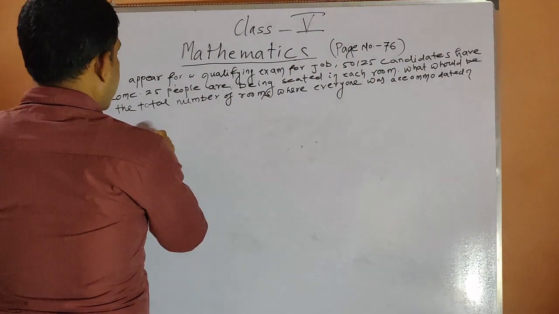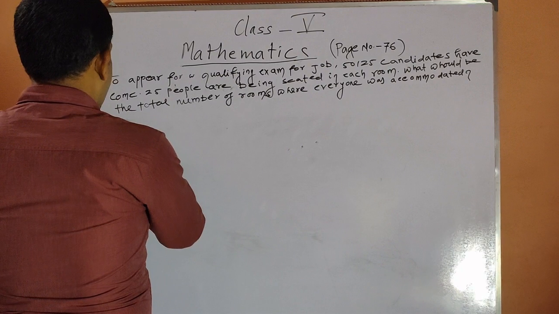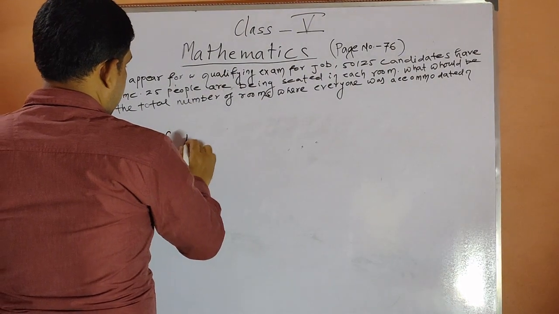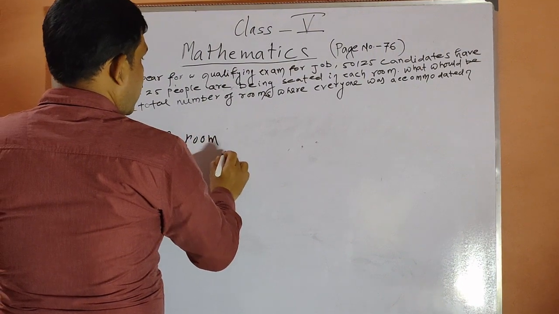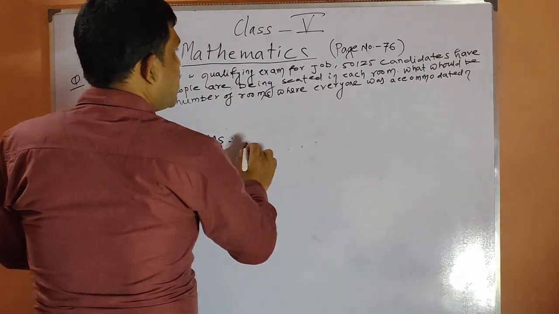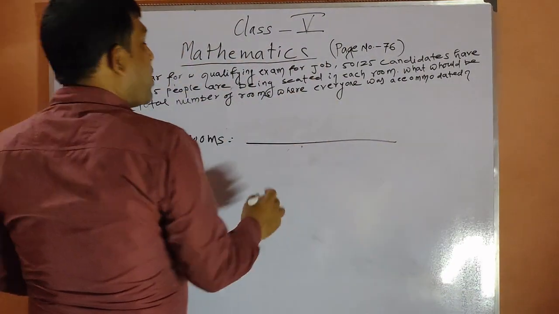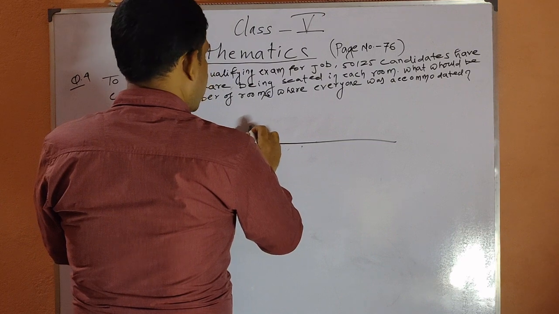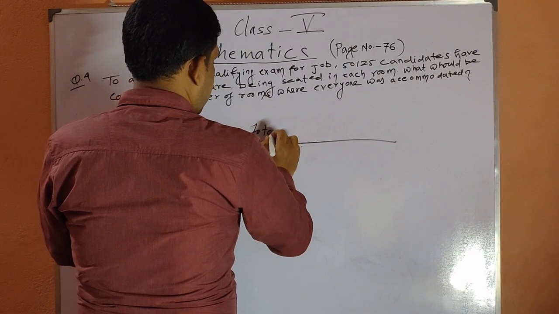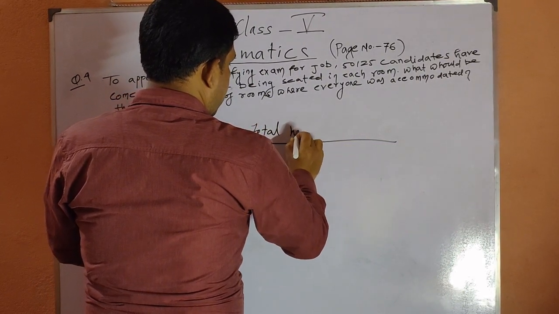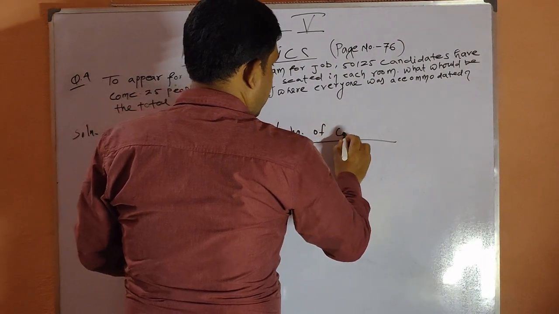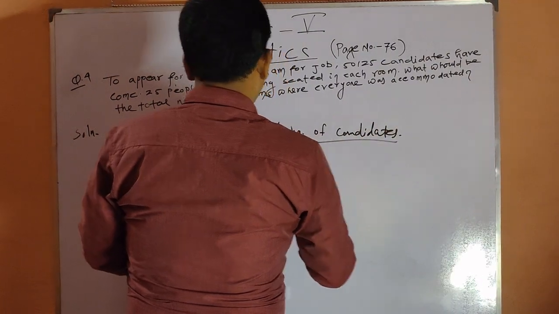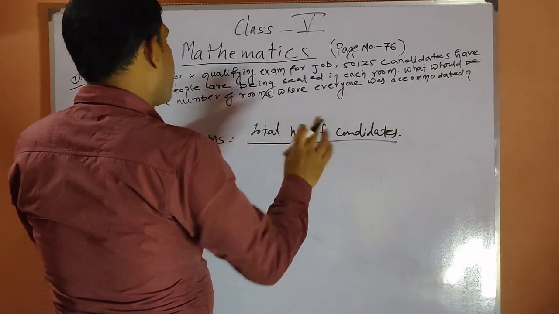Number of rooms is equal to total number of candidates divided by number of candidates in each room.